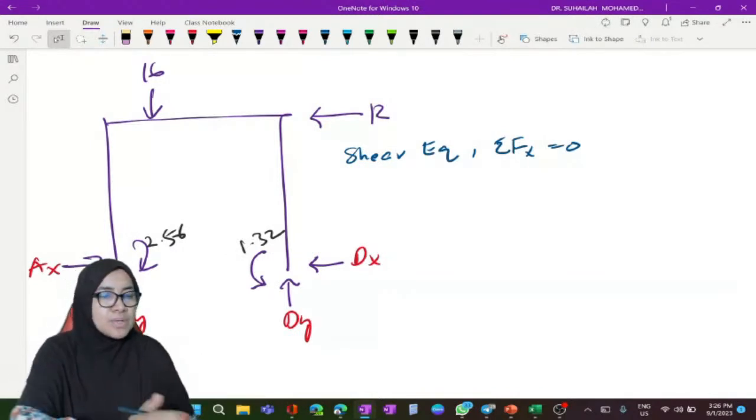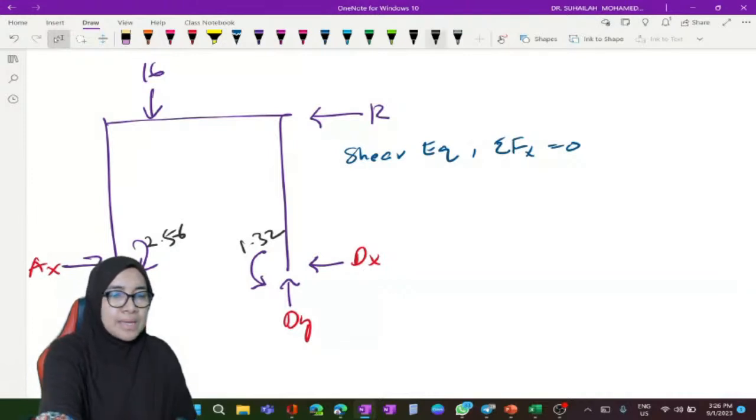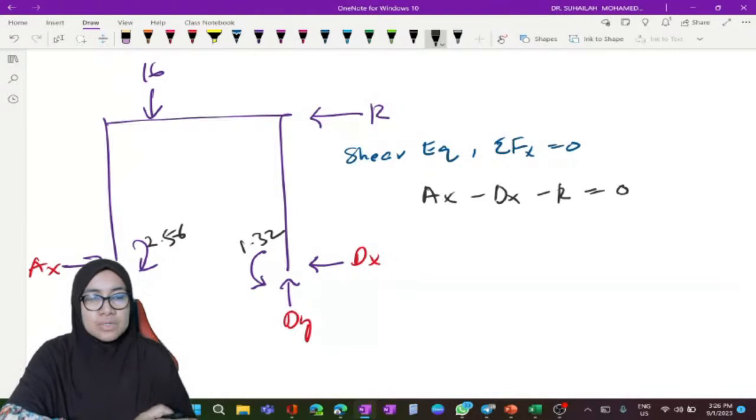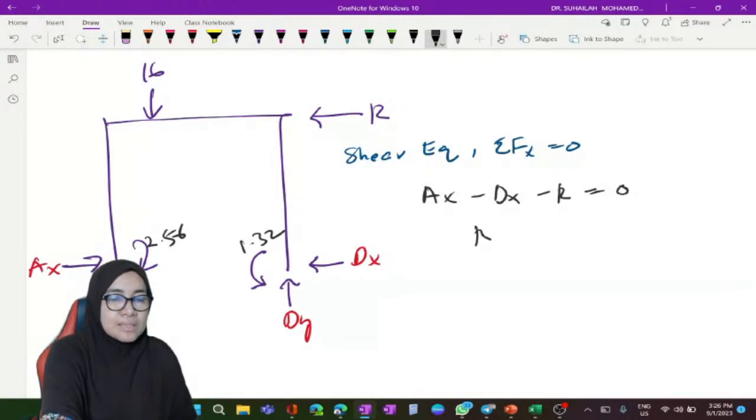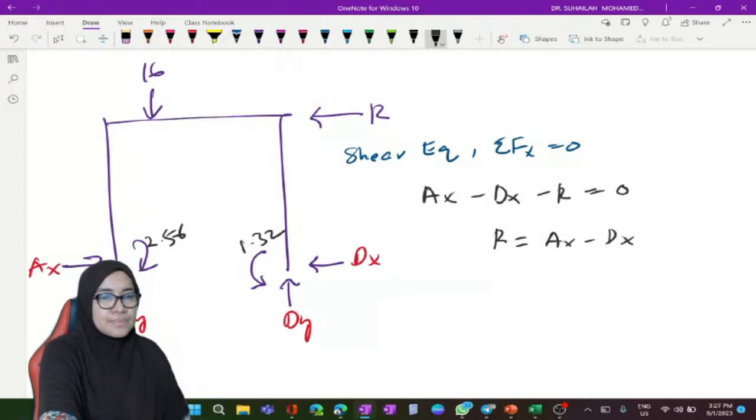So from this, we can write like this: AX minus DX minus R equals 0, because it is shear, we consider all horizontal forces. And R is actually equal to AX minus DX.